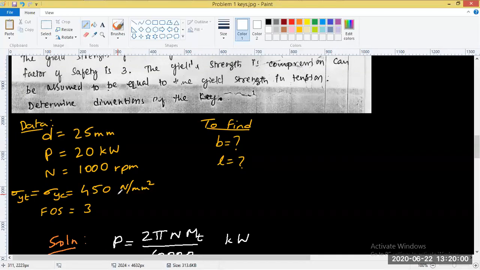You can use the shear stress value and find out with respect to this. And you can equate that to the crushing stress to the yield stress values using the factor of safety value. So we'll see how we'll find a best fit method for this.